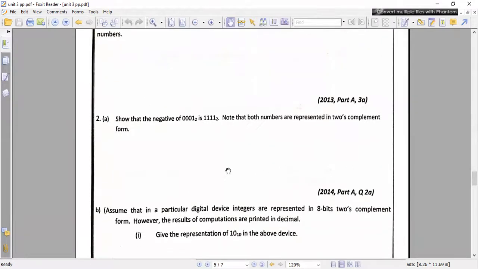Show that negative 0001 is 1111. Note that both numbers are represented in 2's complement. So 0001 means it's actually a positive 1. So you are getting 1111. Both are in 2's complement.